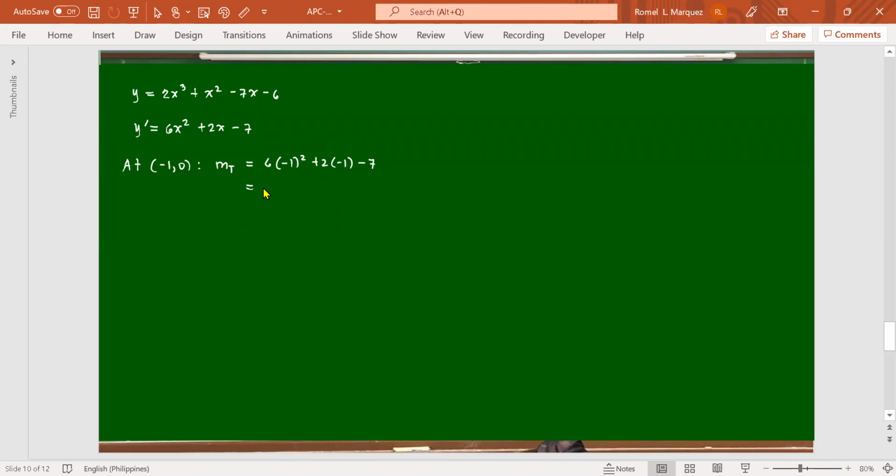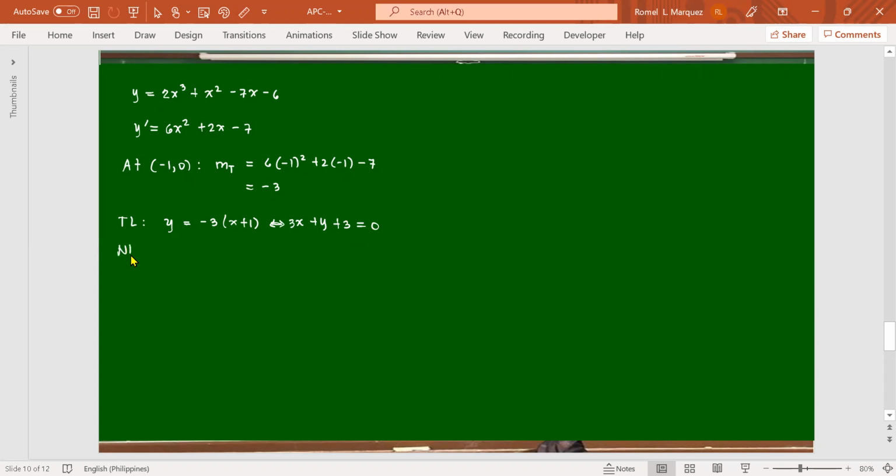Is it negative 3? What is the tangent line equation? y minus 0 is equal to negative 3 times x minus negative 1. So we get 3x plus y plus 3 equals 0.